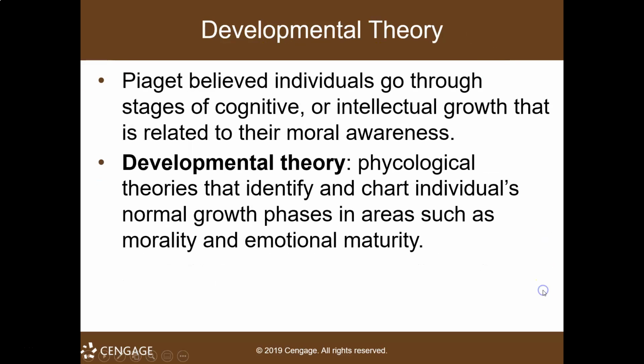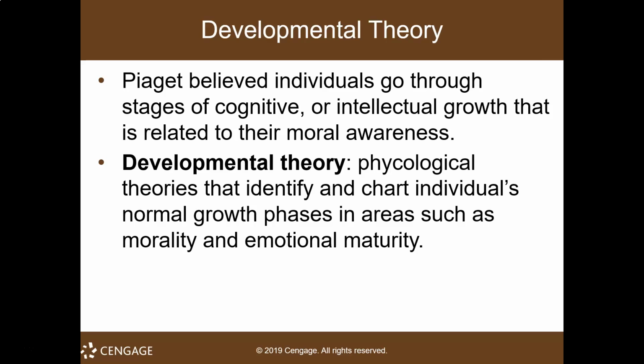Let's move on here. Jean Piaget believed that individuals go through stages of cognitive or intellectual growth that is related to their moral awareness. In this particular study, she studied the rules that children develop when they were playing, and that's how she came up with some of her ideas.